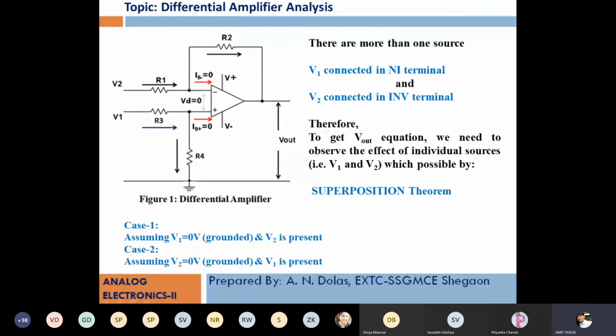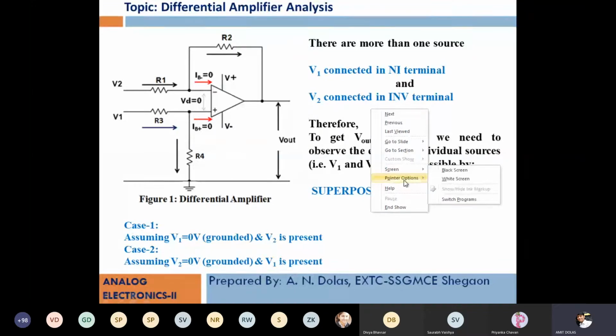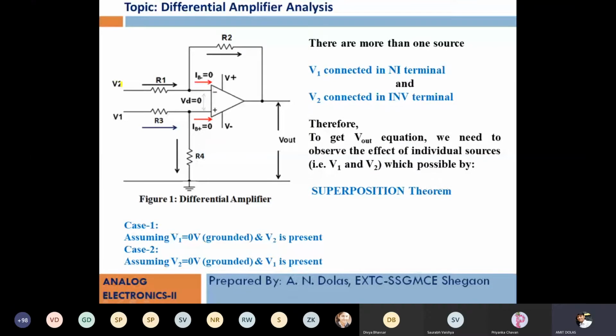Now you can see on this PPT, I have shown the differential mode of operation. I'll use the highlighter. Here you can see source V2 is connected to the inverting terminal of the op-amp. Then source V1 is connected to the non-inverting terminal of the op-amp, that is the plus sign. And you can see the network. Feedback resistance R2 is connected between the output terminal of the op-amp and the inverting terminal.